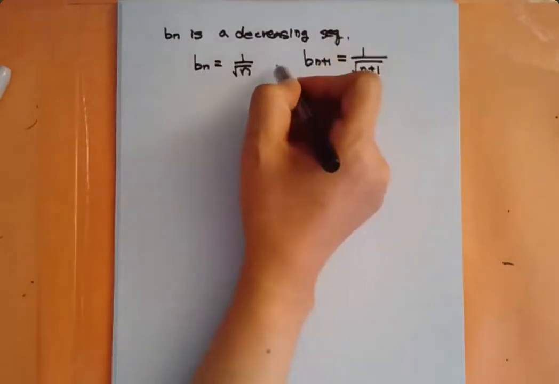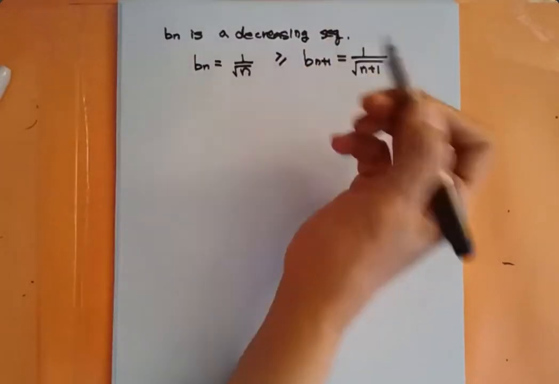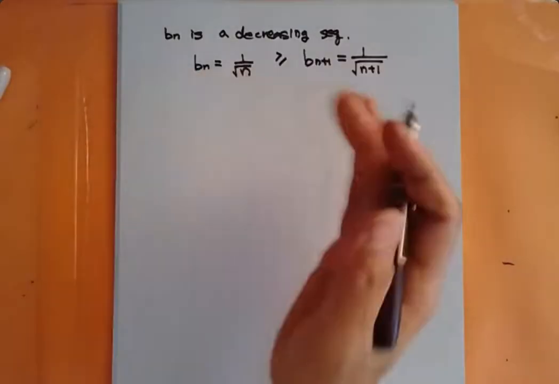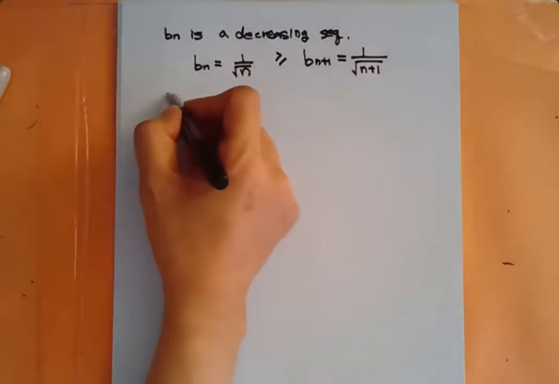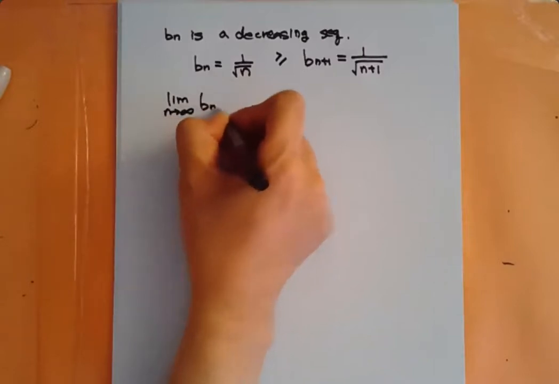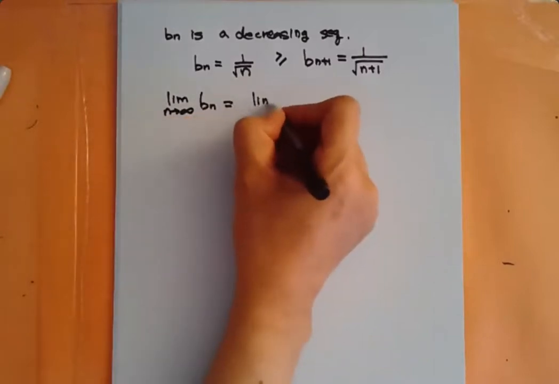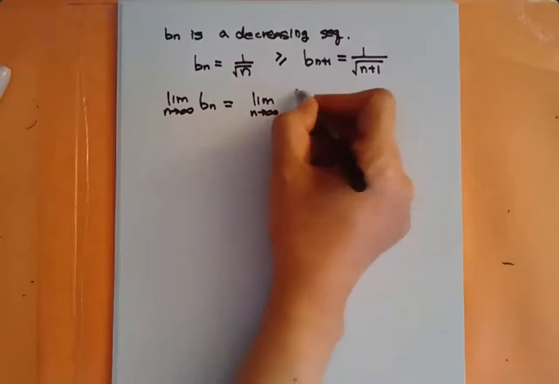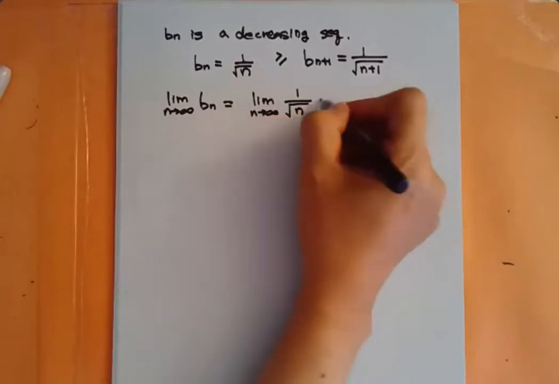And then obviously, b n is greater than or equal to b n plus 1. And another condition is the limit as n goes to infinity of b n, which is the limit of 1 over square root of n, and that equals 0.